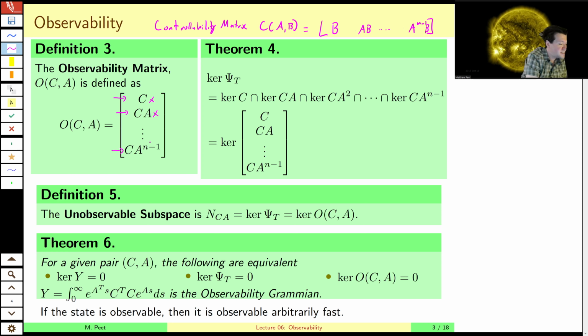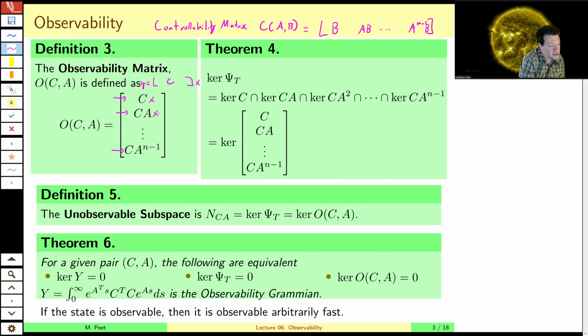So remember that C is generally a wide matrix, so generally it's thin. So when you stack these things together, it's not too tall, because you generally have fewer outputs than you have states. This is your C matrix. So again, it's not quite as tall as it appears right here.